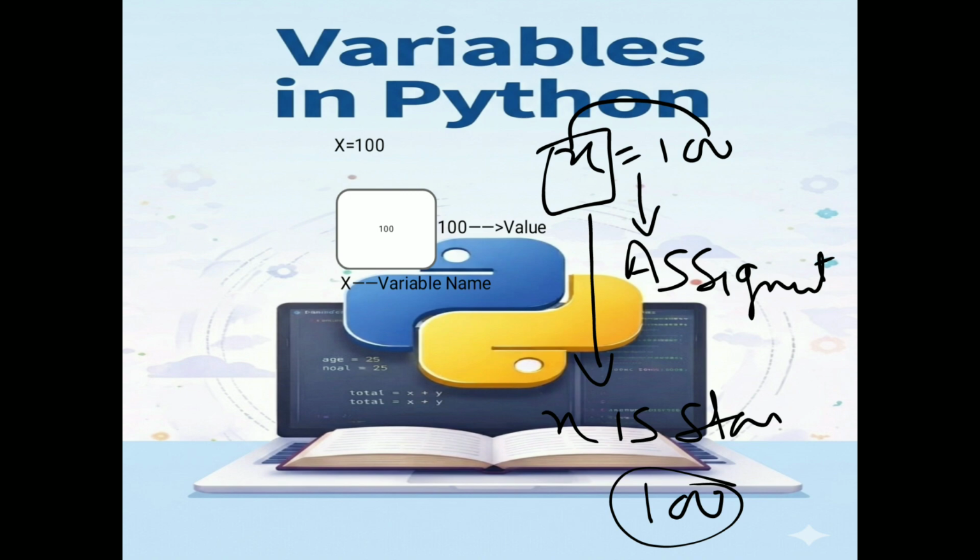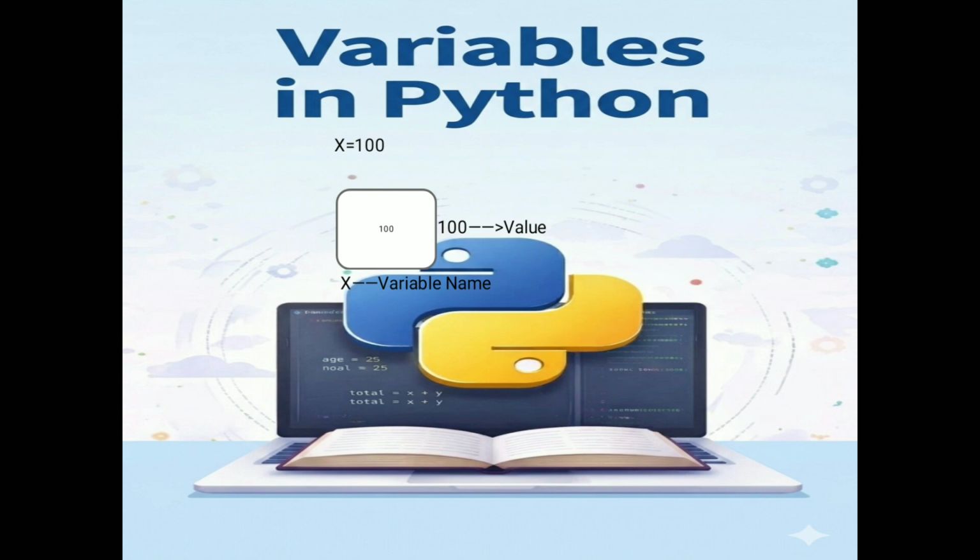So in Python, declaring a variable is very simple. In other languages, if we want to declare a variable, we use the data type. Suppose here I want to declare a, and a is of integer type.